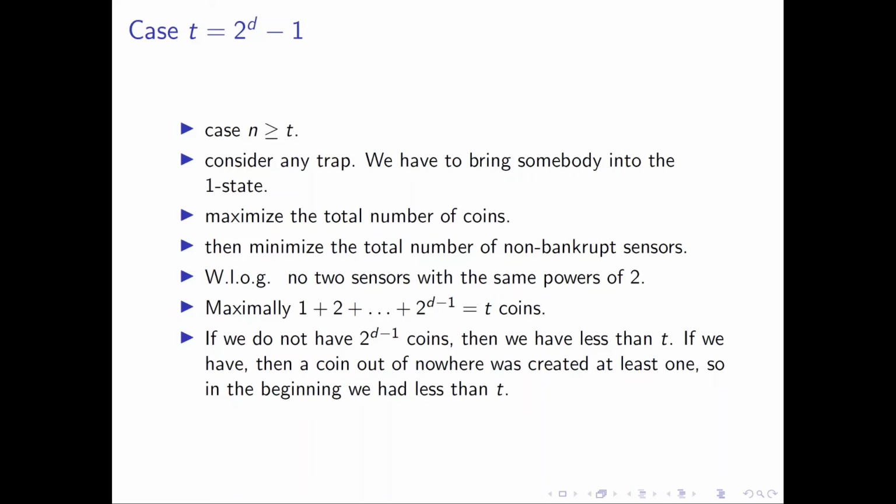But then, recall that when 2 to the d minus 1 is created, we also create a coin out of nowhere. So it means that the current number of coins is bigger than it was in the beginning, but now it is exactly t. So in the beginning it was less than t, and it's a contradiction because we must have had at least t coins in the beginning. So this case is also finished.